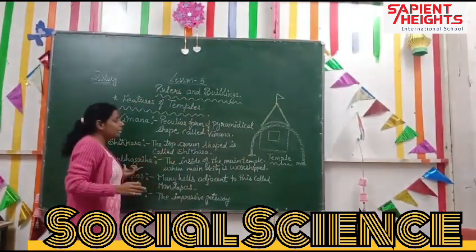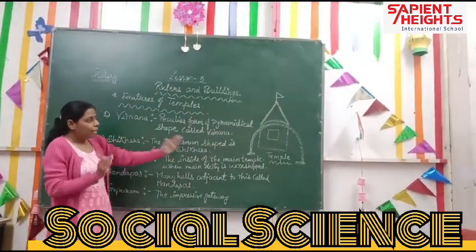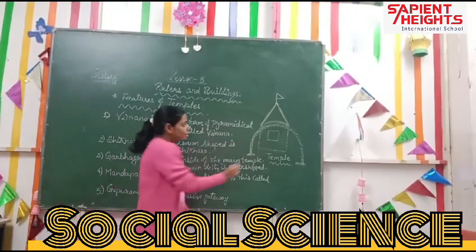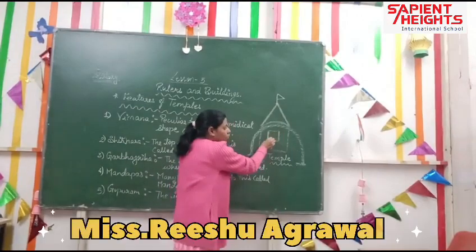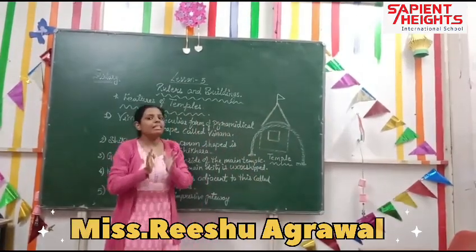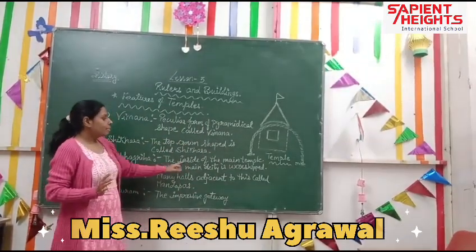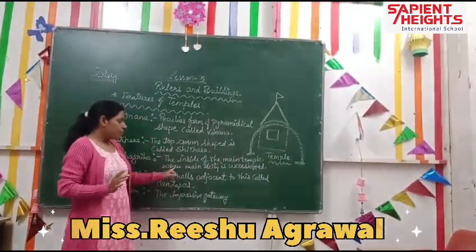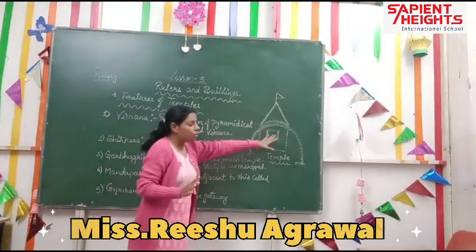Now, the third one is the Garbhagriha. Which part of the temple is known as the Garbhagriha? This is the inside of the main temple where the main deity is worshipped, where the main idol is found.